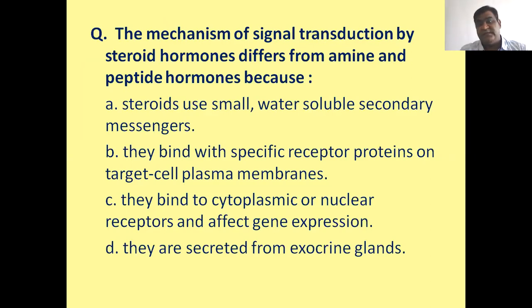The mechanism of signal transduction by steroid hormone differs from amine and peptide hormone because, so the fact that we have discussed is being asked here. It will not be a simple thing that they will ask. They will very specifically ask you whether you know that only lipophilic hormones can get into the cell.